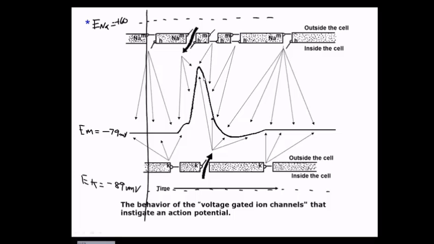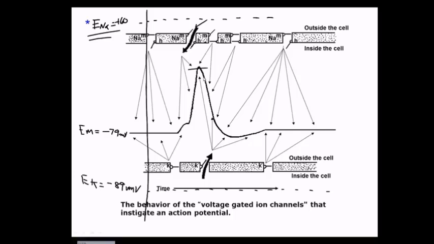Okay, this is the reason why these action potentials are all or none. They're all or none because of the sodium voltage-gated ion channel. It opens and then it closes right there. And as a result, you're going to get to that height of the action potential, and you're not going to get any higher, simply because the sodium voltage-gated ion channel closed and obtained the conformation that cannot be stimulated to open. The H gate's closed.